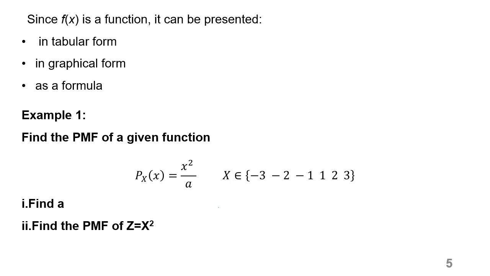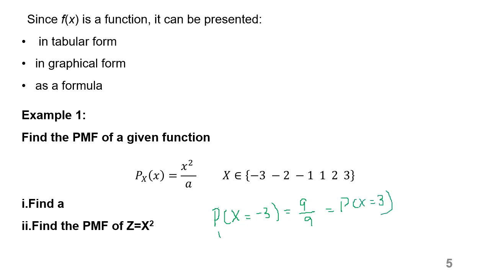Now in this case, we know that here P of X equal to minus 3 is equal to minus 3 square, so that is 9 by a. This should be same as P of X equal to 3.